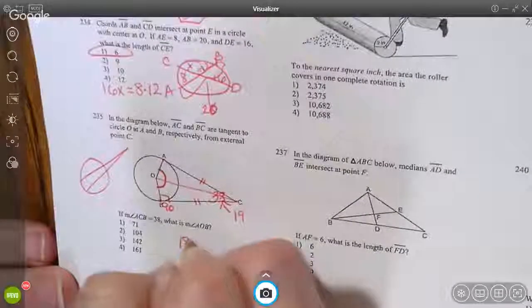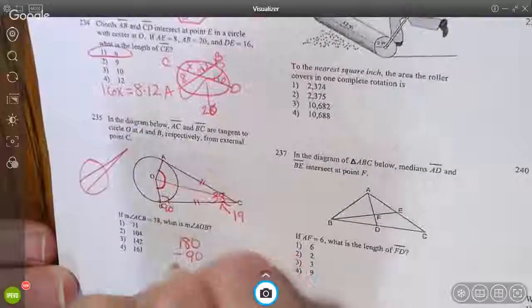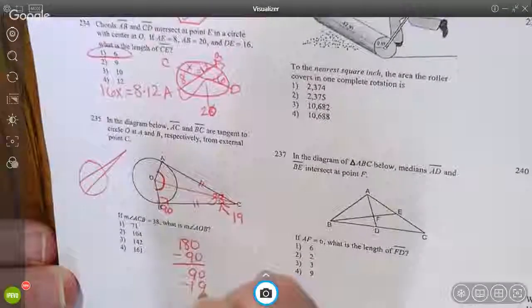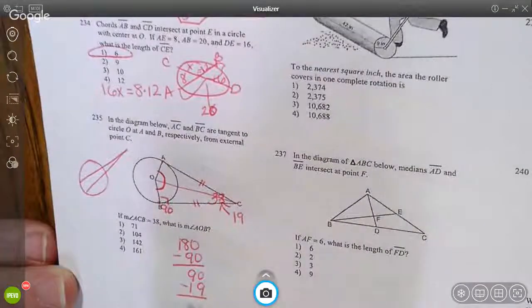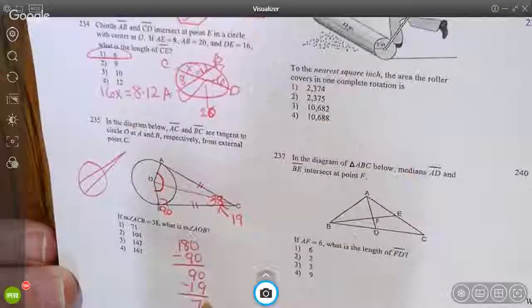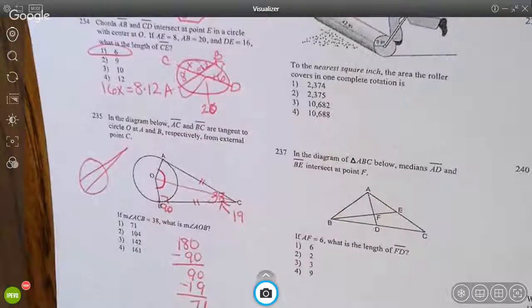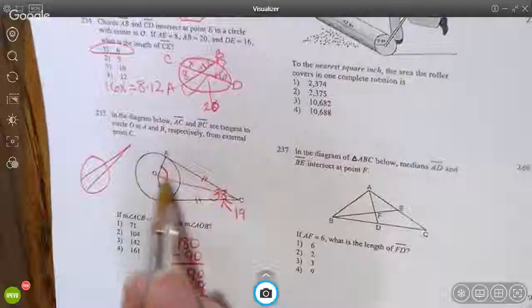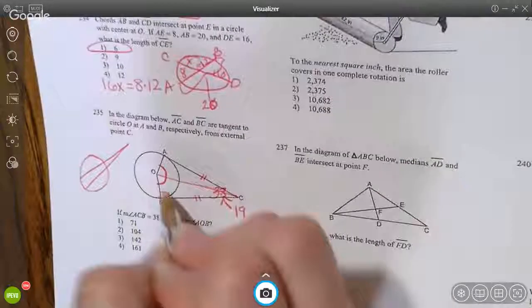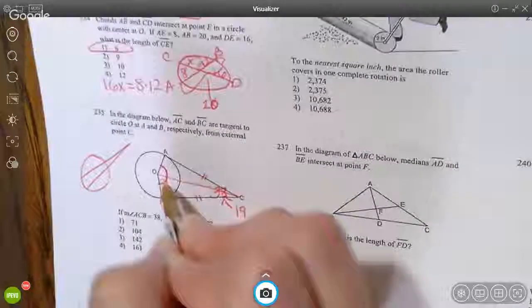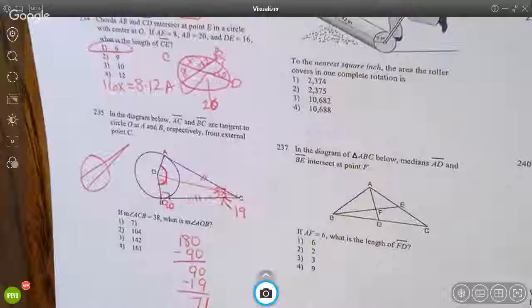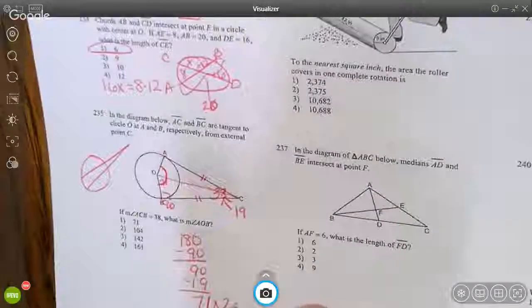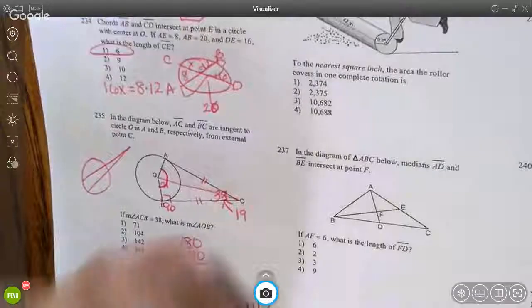So we've got 180 minus 90, which is 90, minus 19, which is 71, because this is a triangle. So 71 is this piece right here. And since these are equal, it's going to be 71 times 2, so 142.